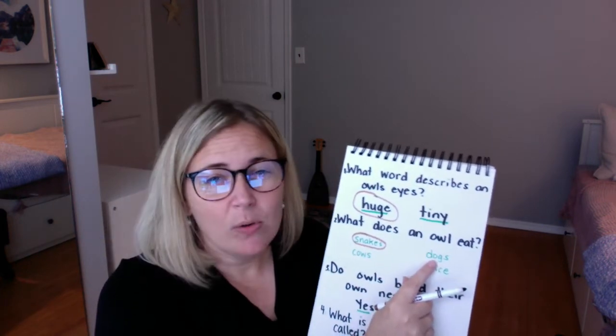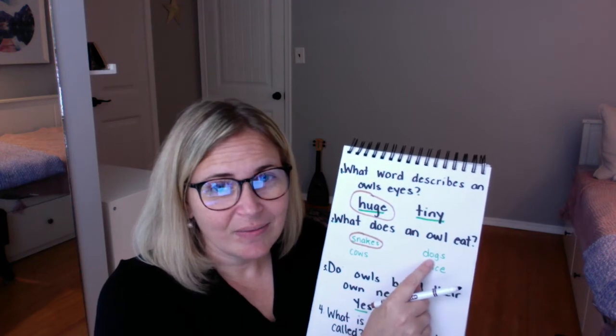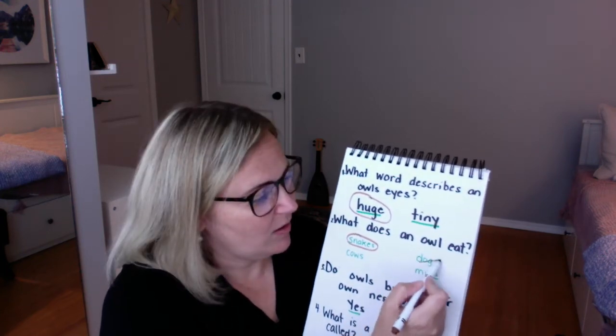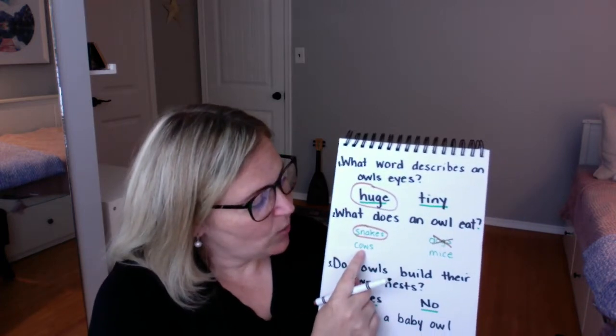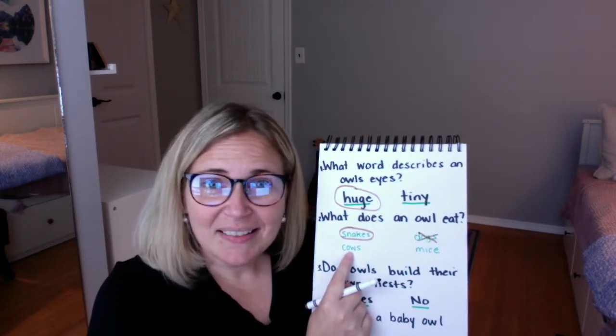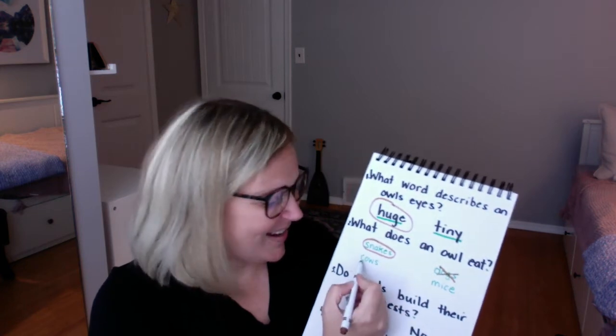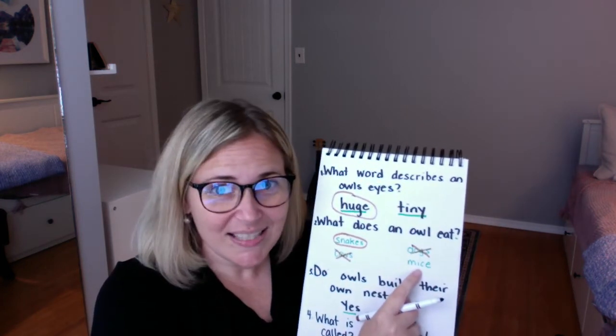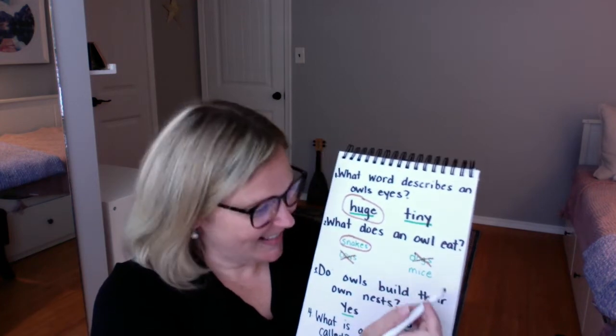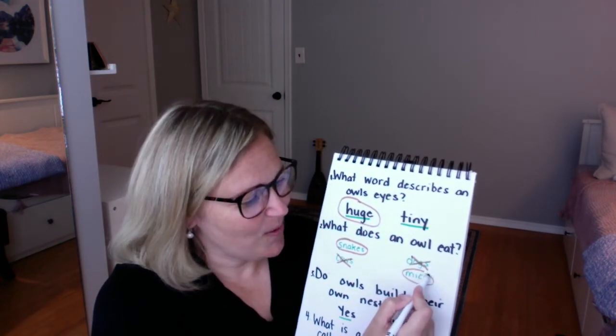Did they say that owls eat dogs? No, they don't eat dogs. So we can cross that one out. Okay. Do owls eat cows? No, they do not. And do owls eat mice? Yes, they do. So we'll circle that one.